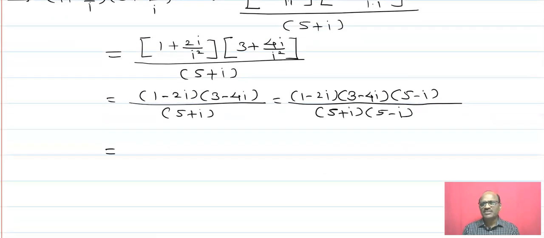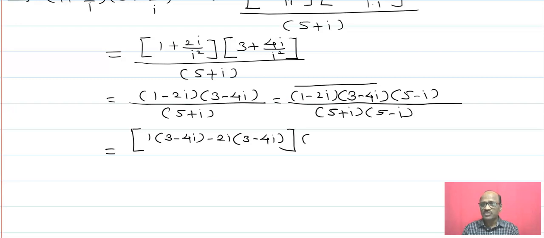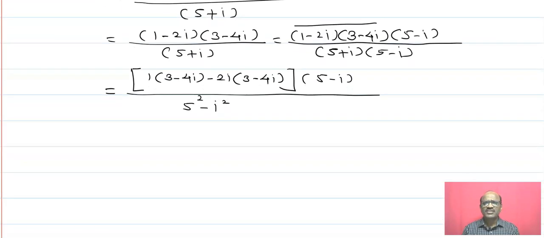Again for the simplification we are multiplying numerator and denominator by 5 minus i, that is the conjugate of the denominator 5 plus i. Now simple multiplication is there: 1(3 - 4i) minus 2i(3 - 4i), into (5 - i).